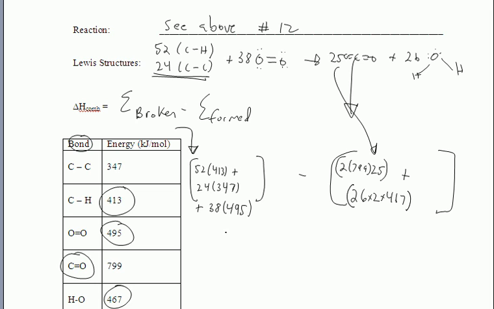So we're going to add these up here and get a number and subtract it from these, and that's going to give you your overall delta H in kilojoules per mole. I'll let you guys do the math on that one.